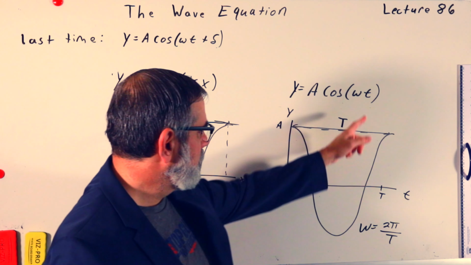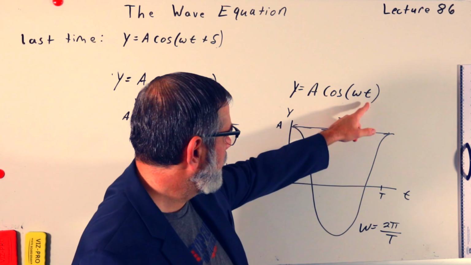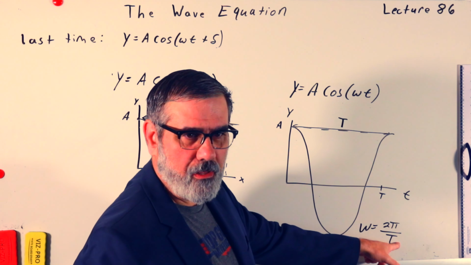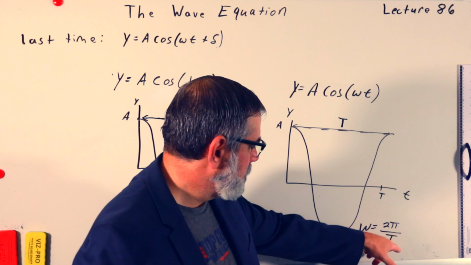If the time t is big T, one period, then big T times omega, which is 2 pi over big T, is just 2 pi, because the big T's cancel.